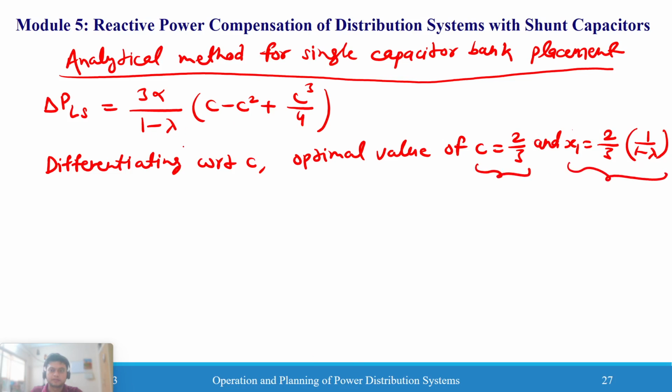Now if we put all this, then delta PLS will become 8/9 alpha (1 minus lambda).